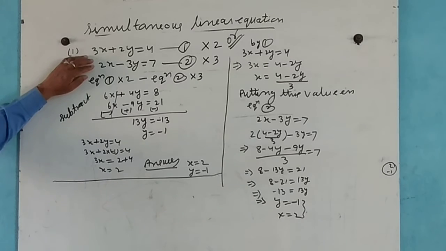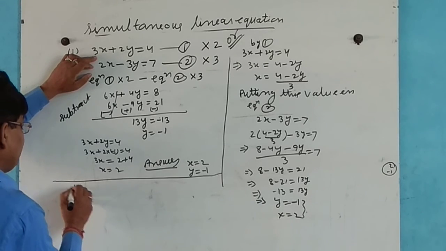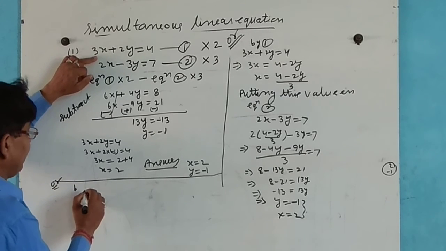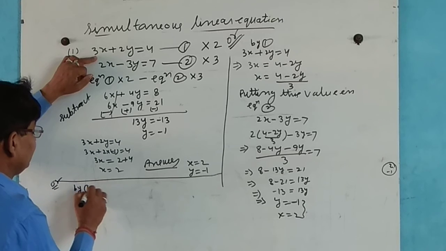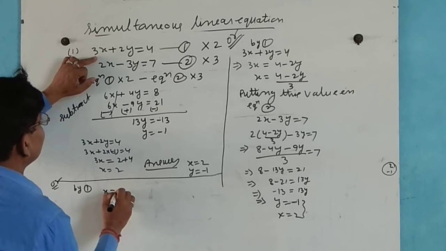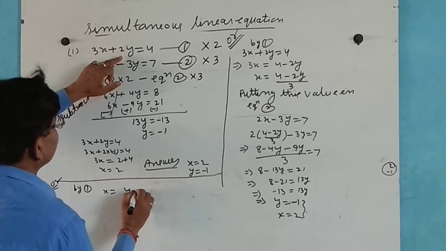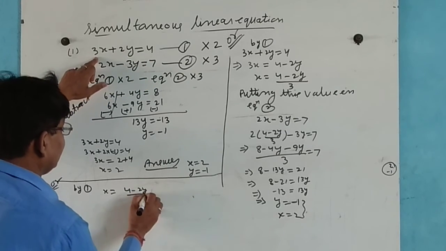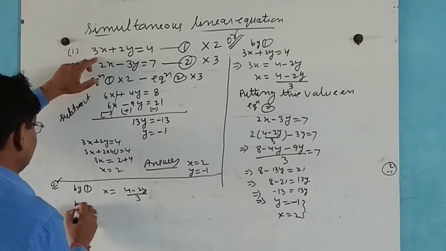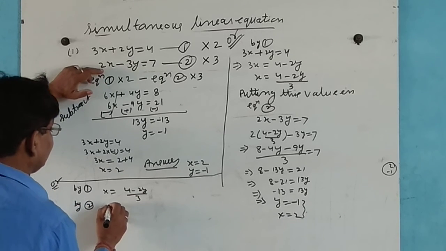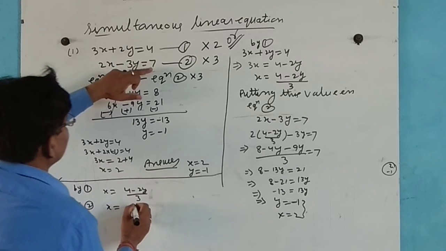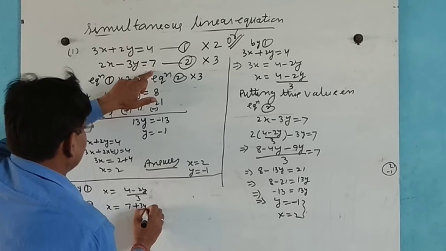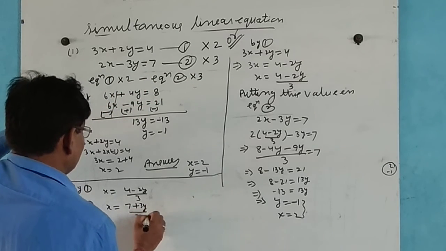Another method also exists. We take the value of x from equation 1, x equal to 4 minus 2y divided by 3, and from equation 2, x equal to 7 plus 3y divided by 2.